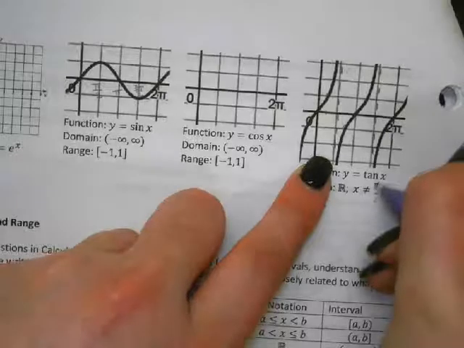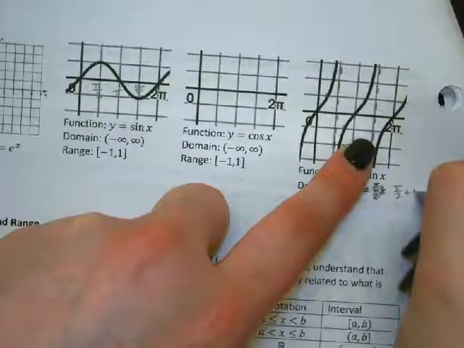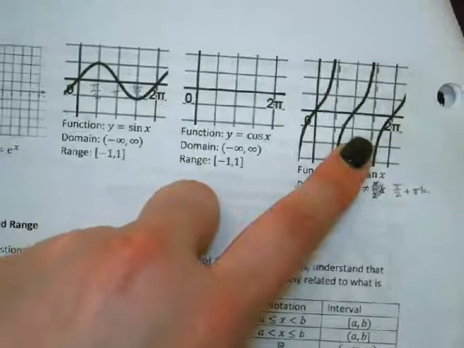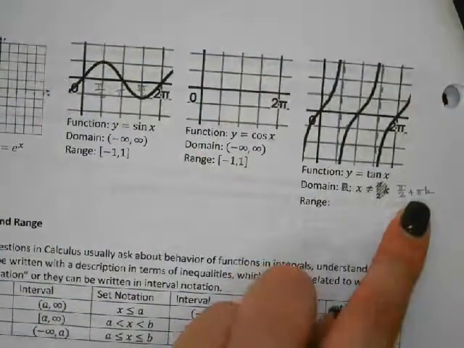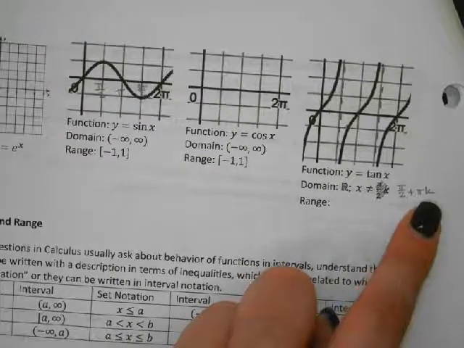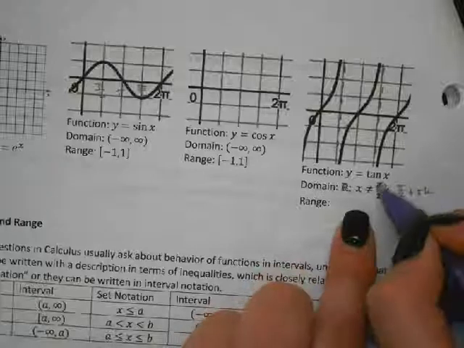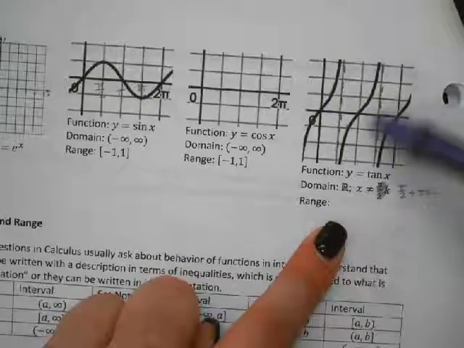Actually, here, we're going to fix it right now. You're going to say pi halves plus pi k. That's the correct way to write it. Because then you'd have pi halves and 3 pi halves and 5 pi halves and negative pi halves and negative 3 pi halves. That's how it should be written. Okay. And then on this one, your range, you can see it goes down forever, it goes up forever.